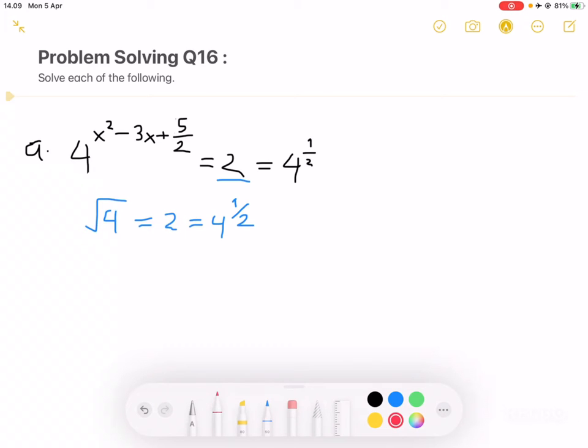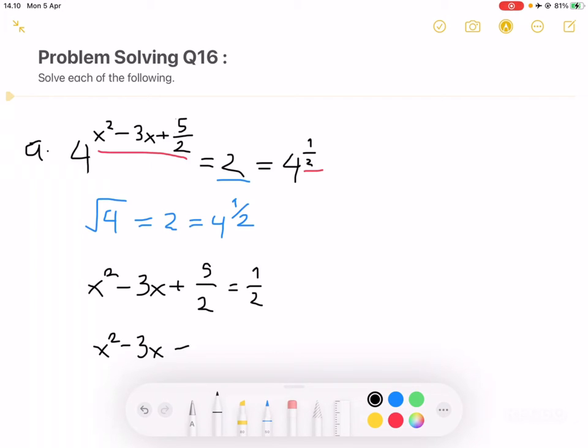Once you have written the right hand side as 4 to the something power, you can just set the exponents equal. So x squared minus 3x plus 5/2 is equal to 1/2. Subtract 1/2 on both sides, and you get x squared minus 3x plus 4 over 2, which is just 2, equal to 0.